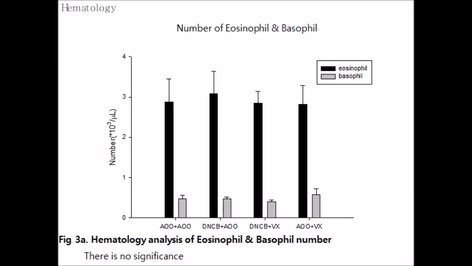Figure 3a shows the hematology analysis of eosinophil and basophil numbers. We can see from the graph that substance A does not trigger eosinophil and basophil number imbalance, but the mice we used did not have the same weight.